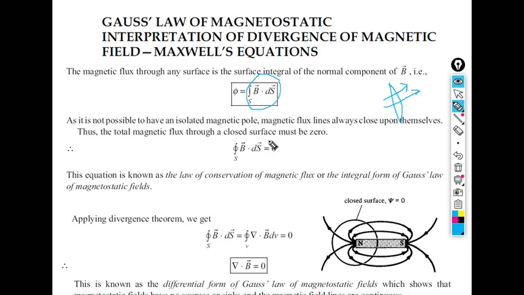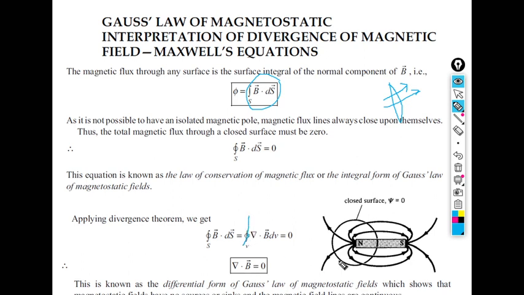I don't know yet whether it is 0 or not. So for the closed surface integral of B dot ds, we can apply the divergence theorem and convert the closed surface integral to a volume integral. This is an open volume integral, not a closed one.